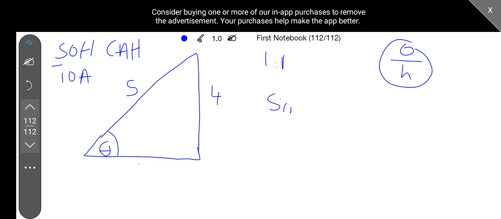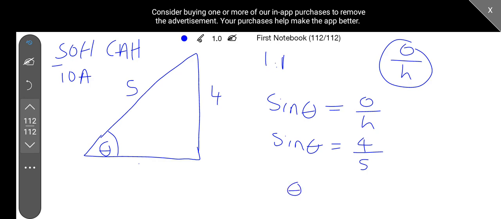So you can say that sine theta is equal to the opposite over the hypotenuse, and then sine theta is equal to the opposite, which is 4, over hypotenuse, which is 5. And then to find theta, we're going to look for the arc sine. This means we're going to say that theta is equal to, when sine goes that side, it becomes the arc sine, or sine to the power of -1, and then it's 4 over 5.